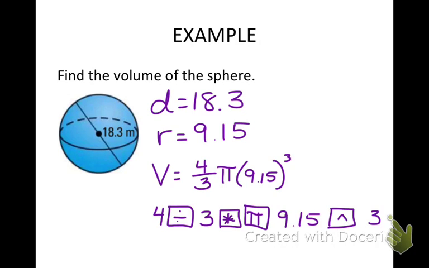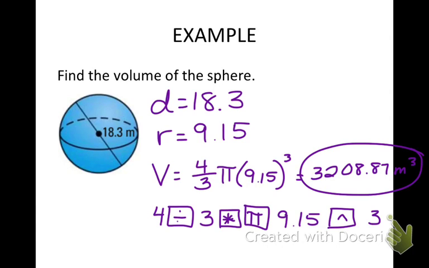So 4 divide 3 times pi times 9.15 to the third power gets me an answer of 3,208.87 meters cubed for volume. Okay, so you gotta make sure that you can put these things into your calculator correctly. That's just the only part that might trick you up.